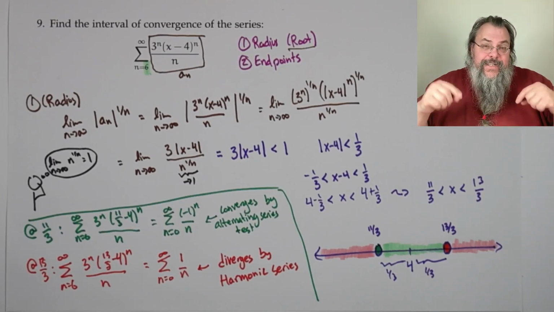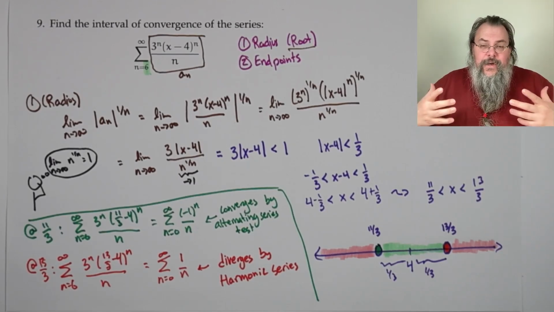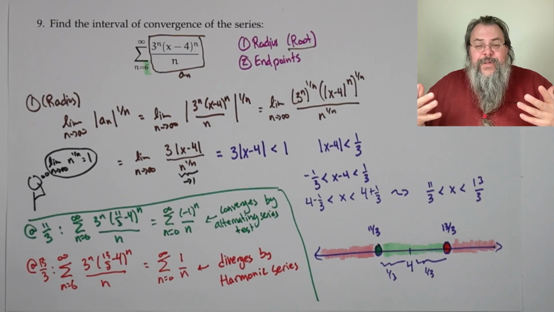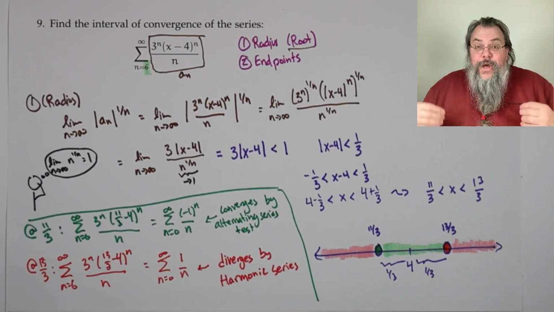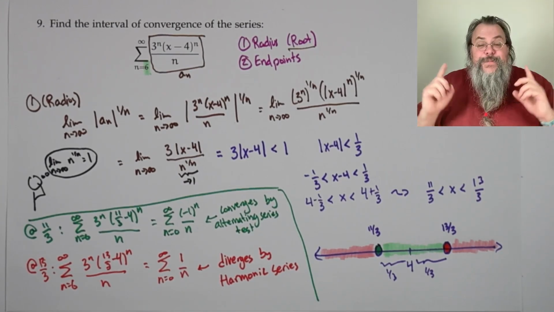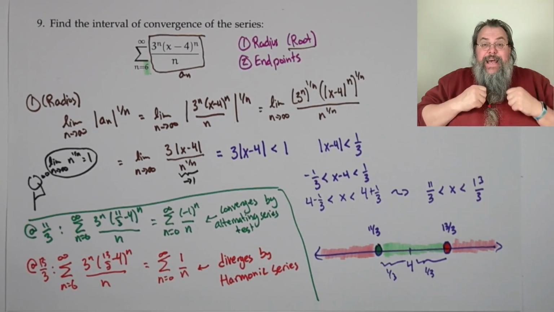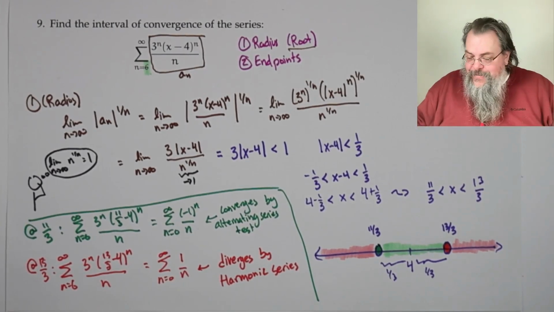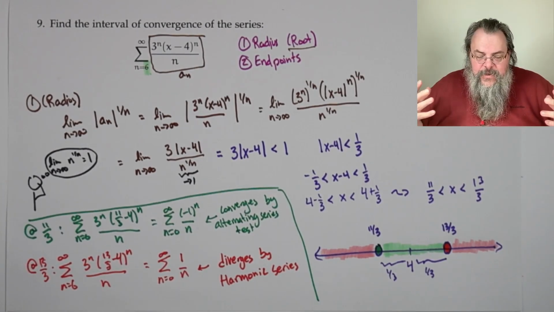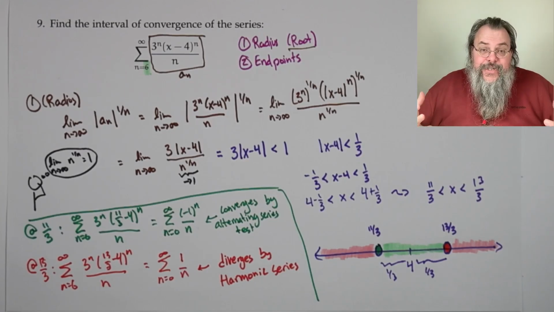If when you're testing the endpoints, you say, oh wait, this looks like it'd be pretty easy to converge by a root test or a ratio test, whoops! Mistakes were made. Step back and catch yourself. As the great philosophers would say, check yourself before you wreck yourself.